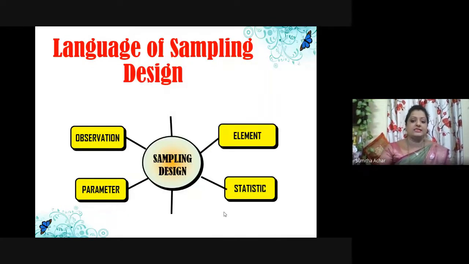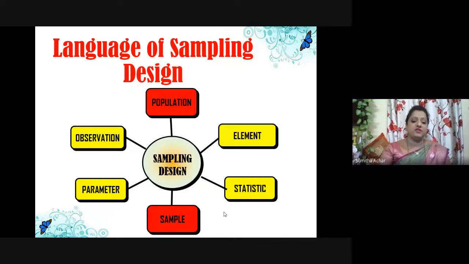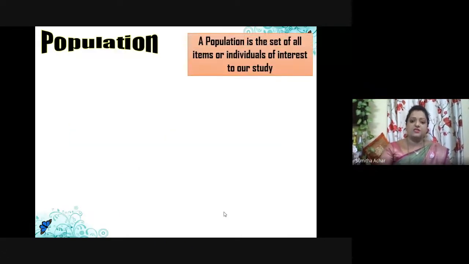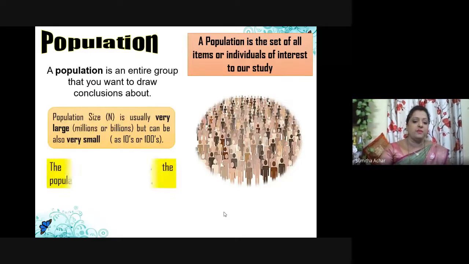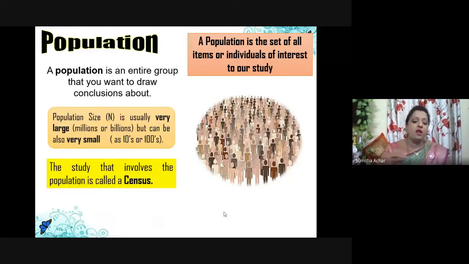Now, firstly, let's understand the difference between a population and a sample, right? So population, as all of you know, is a set of all items or individuals of interest to our study, right? The population of our data can be as large as millions and billions. At the same time, it can be as small as tens and hundreds also.